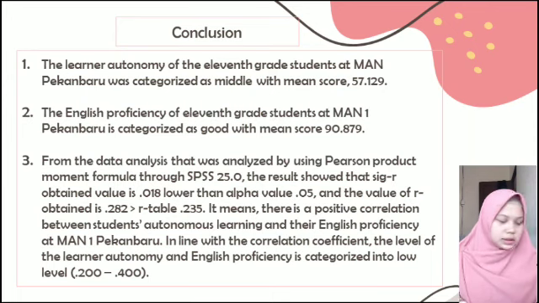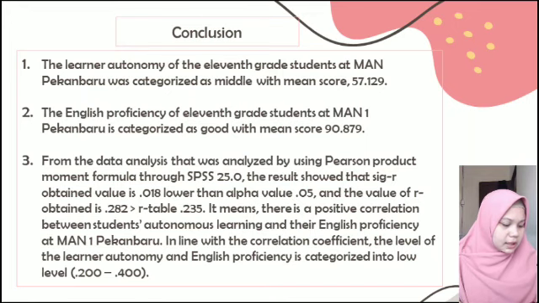So the conclusion: the learner autonomy of the 11th grade students of Pekanbaru was categorized as middle, and the English proficiency of the 11th grade students of Pekanbaru is categorized as good.